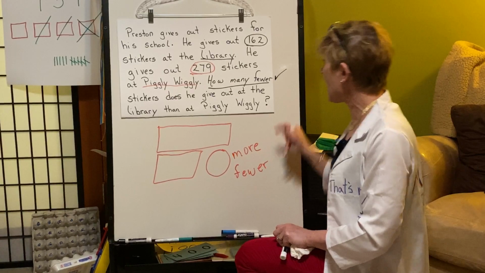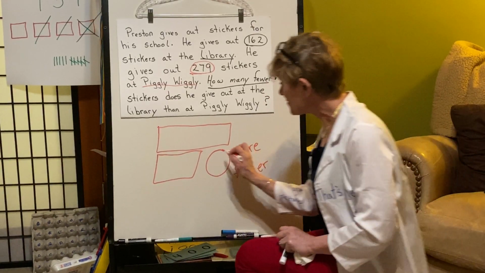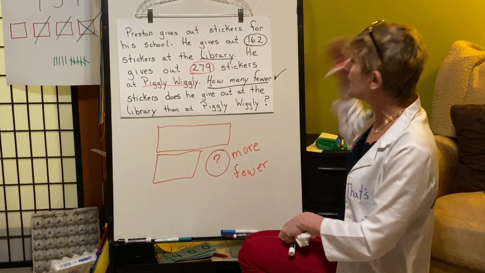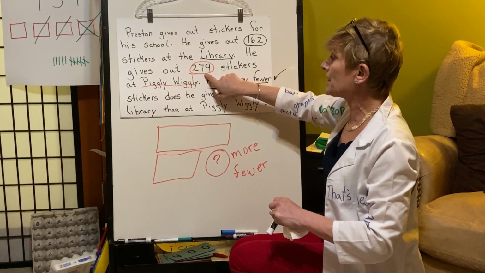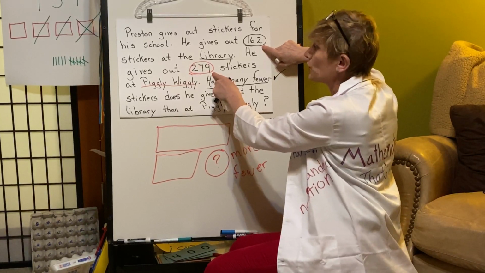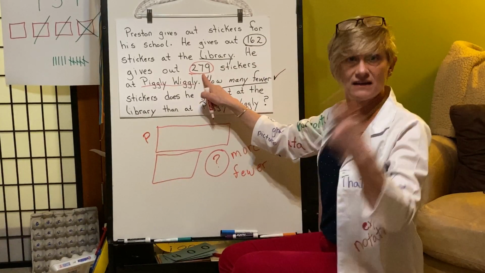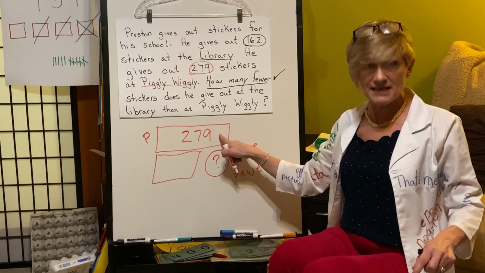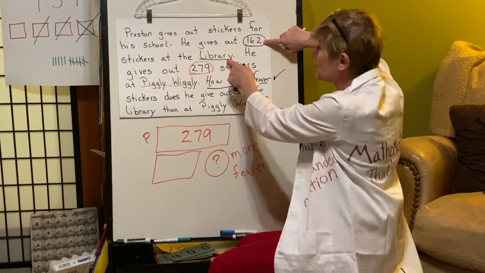So friends, right now we're looking for the fewer. We don't know the fewer. So that's the question. What is the fewer? Let's now compare. Which one is greater, the Piggly Wiggly or the library? I know you're saying Piggly Wiggly, so I'm going to put a P right here for Piggly Wiggly. Yep, that's 279. I'm comparing this amount to the library.